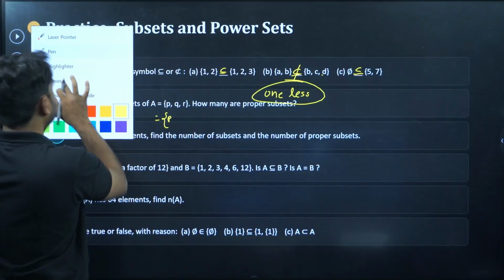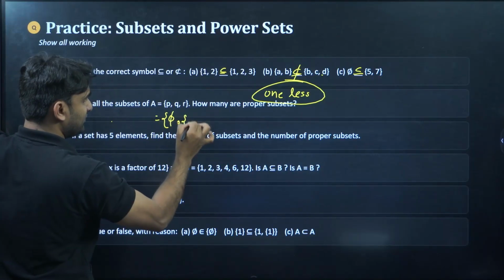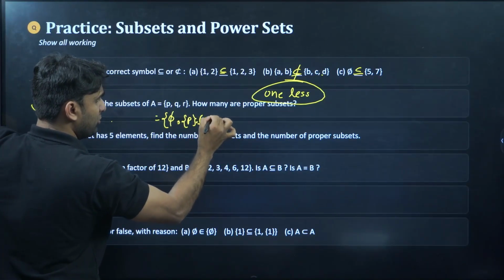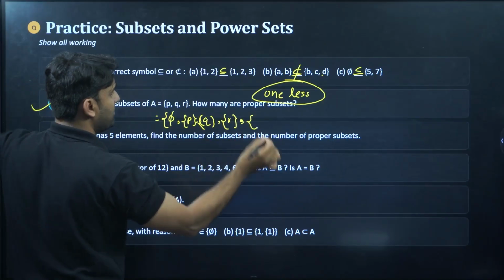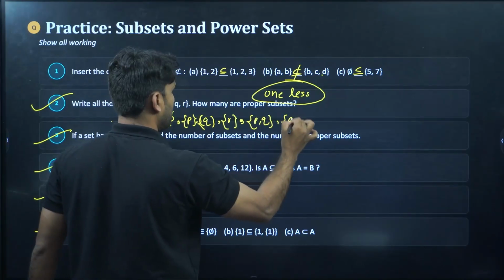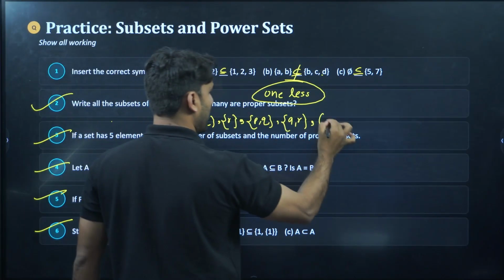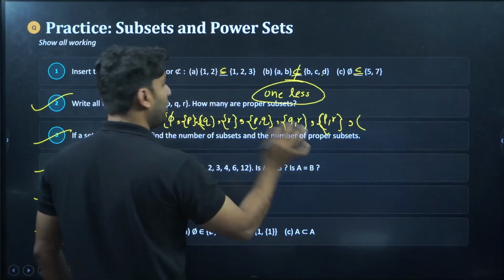The empty set will be there, then {P}, {Q}, {R}, and now make pairs: {P, Q}, {Q, R}, and {P, R}, and the last will be all 3 together.